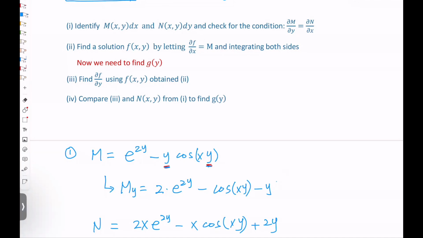So cosine is going to be negative sine of x times y. And then times the inside of the parenthesis, it's going to be x.